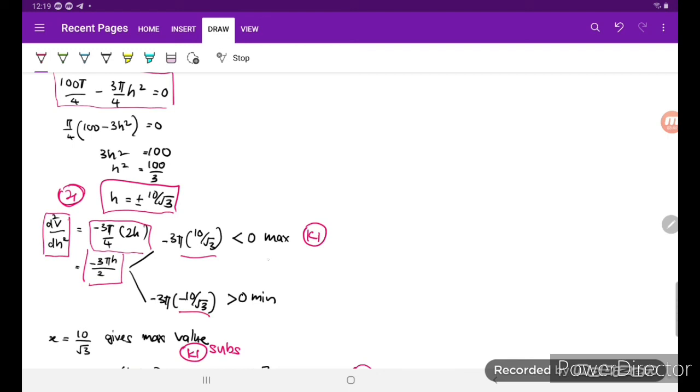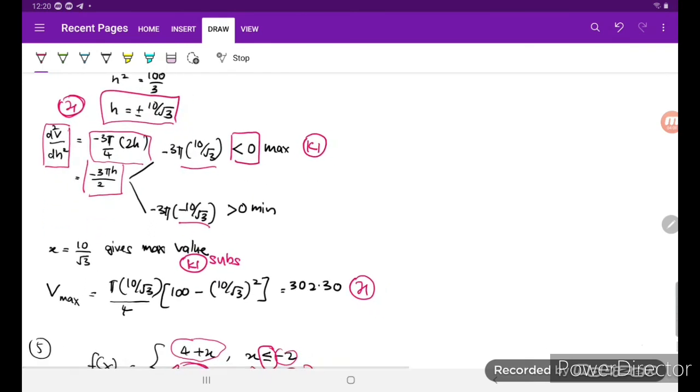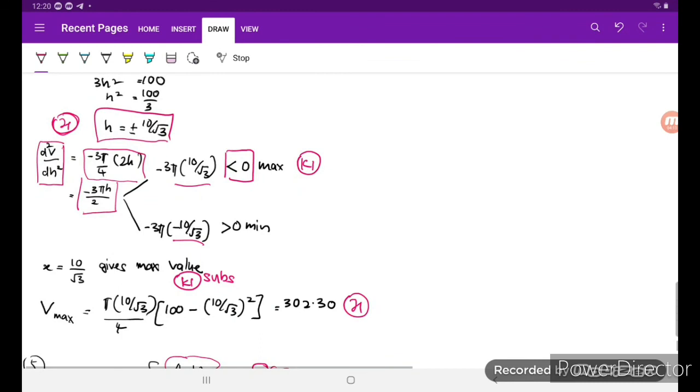So the maximum is the one that gives negative answer. So that is maximum, Q1. So 10 over 3 will give maximum volume.